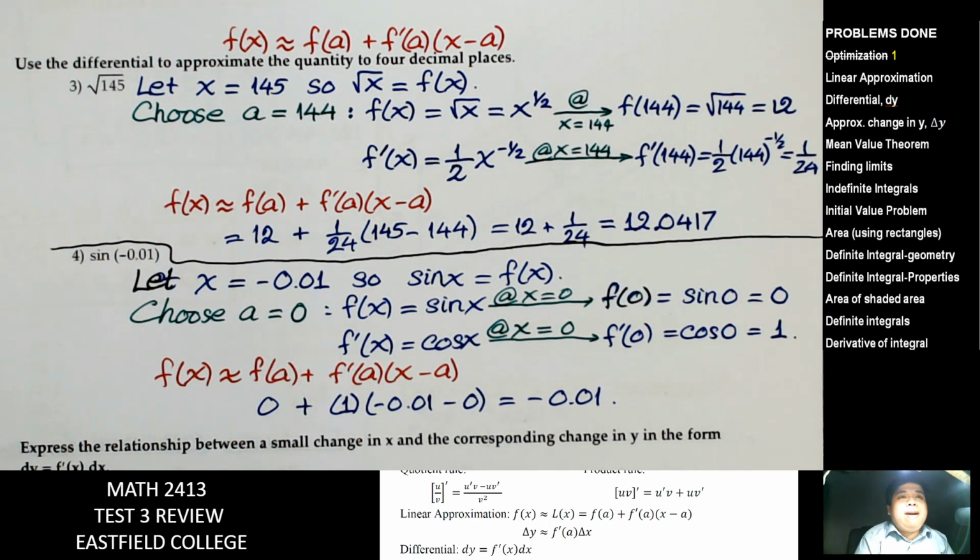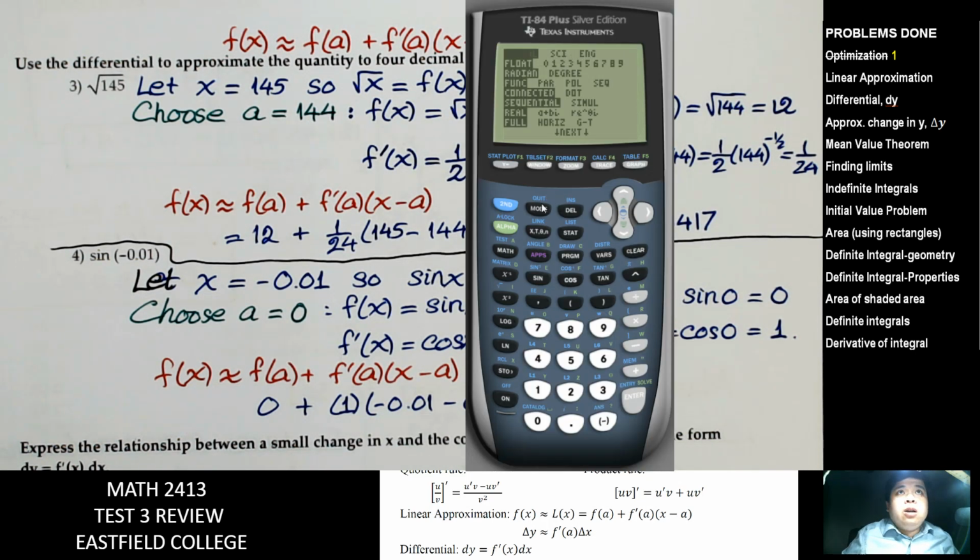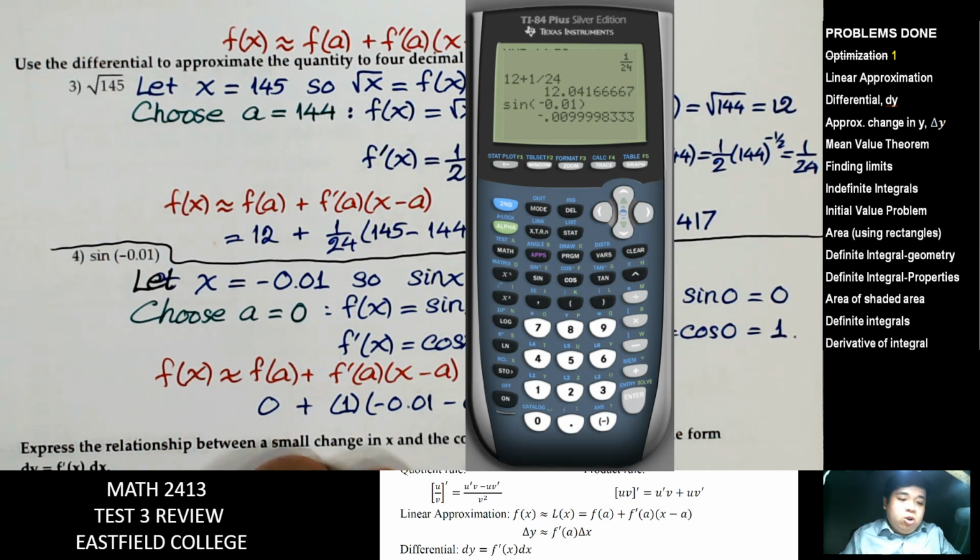So we have that. And let's just quickly check sine of negative 0.01. The actual value is not far off, so we at least get the first two decimal places correct.